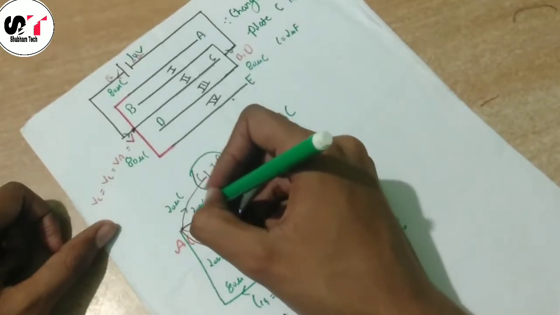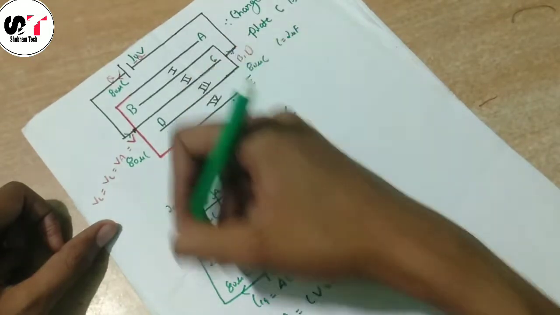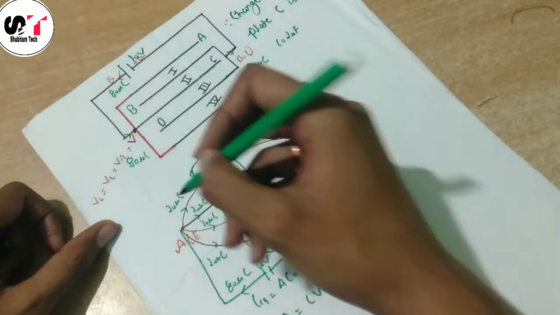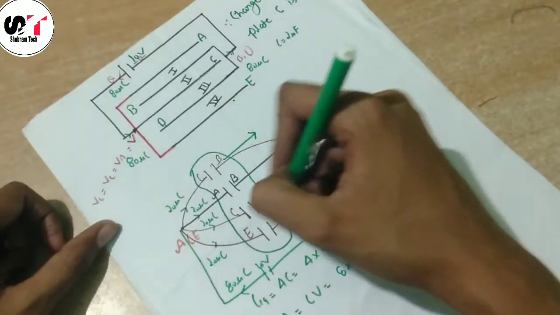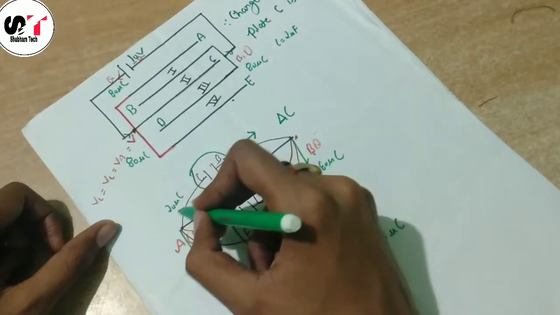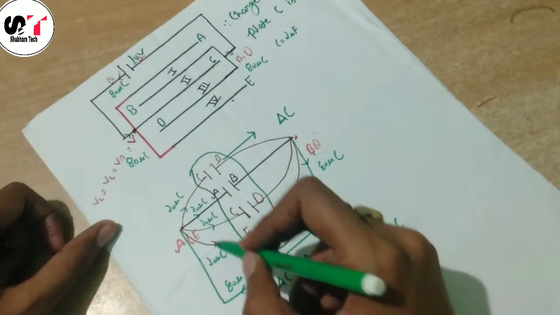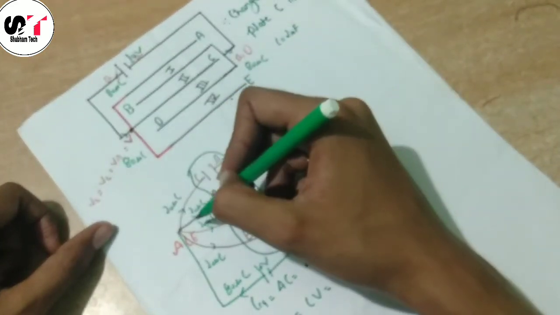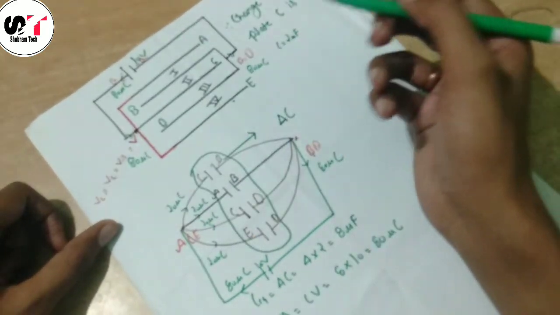Charge is distributed in the same ratio because of equal capacitance. If the capacitance is not equal, then charge distribution is different. Here all the capacitances are equal, that's why charge distribution is in equal manner. Otherwise charge distribution is different, like 20, 30, 0.5, point something.